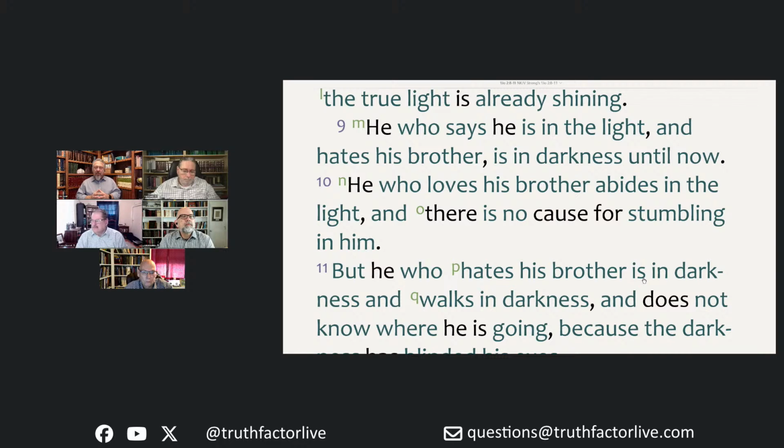Verse 9, he who says he's in the light and hates his brother is in darkness until now. He who loves his brother abides in the light, and there is no cause for stumbling. I just thought it was interesting that after about 60 years, give or take, John is still having to remind the brethren of the very teachings of Jesus that we're looking at in John 13:34 and 35. Any thoughts?